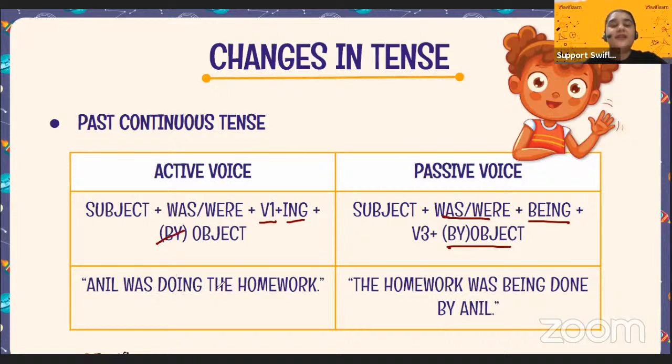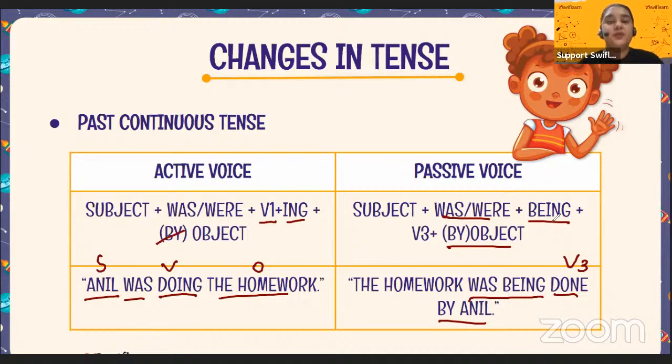So Anil was doing the homework. Anil is your subject. Yes, was doing is your verb. The homework is your object. So how will you change it now? The homework was being done by Anil. Clear? So here you are using verb third form.